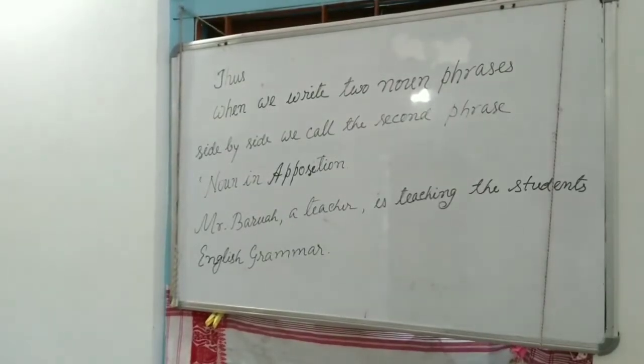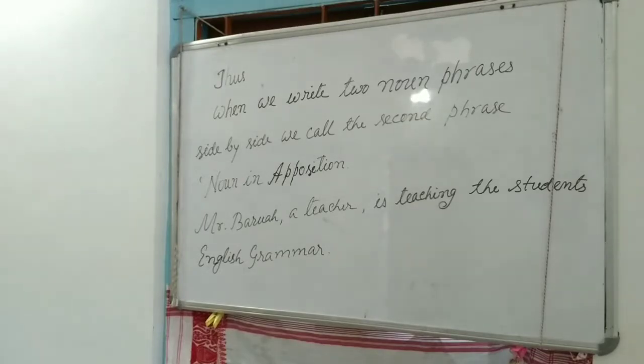Thus, when we write noun phrases side by side, we call the second phrase a noun in apposition. It is to be remembered that the second phrase is used to refer to the first person. That means both the nouns refer to the same person.